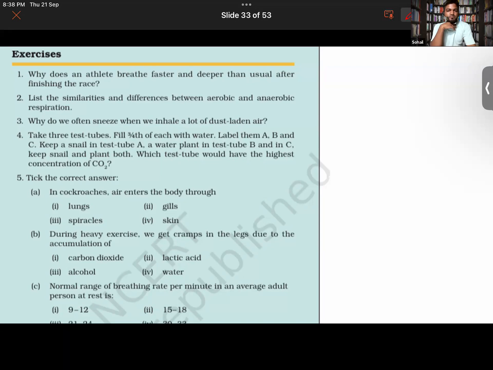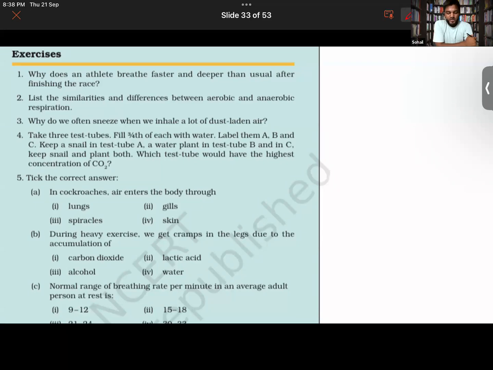They should breathe faster and deeper so that more oxygen is supplied to the cells. This will speed up the breakdown of food, so more energy will be released.